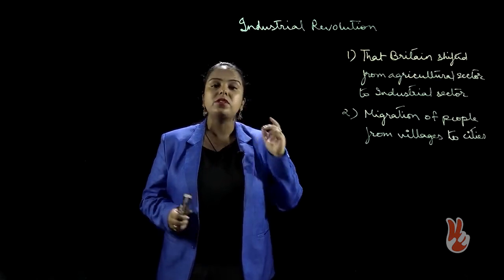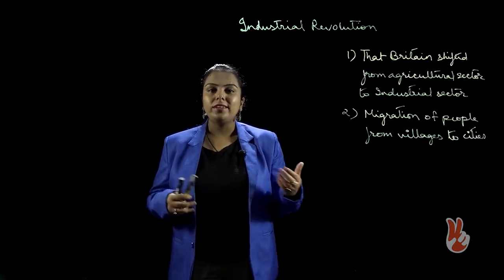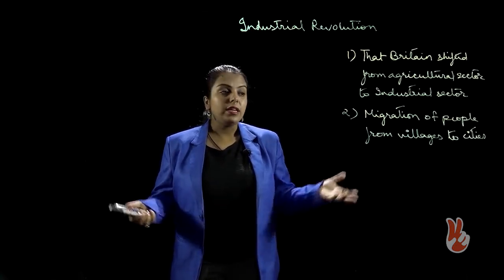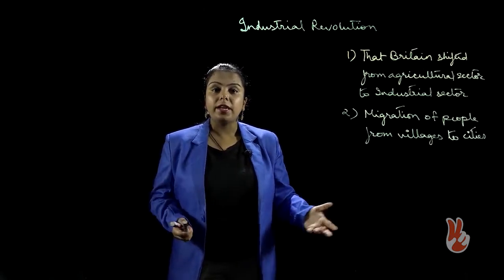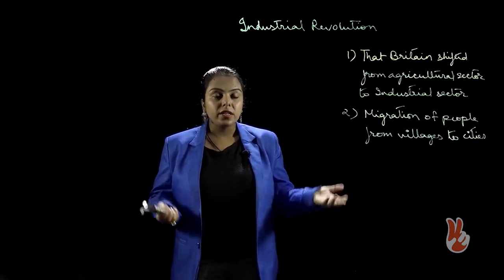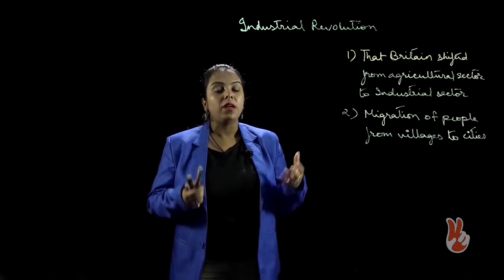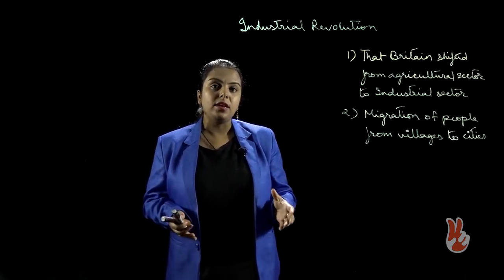For the first time, we saw a huge amount of internal migration within a country, where people from rural areas went to urban areas, because in urban areas there were opportunities of jobs, there were industries which were set up and they became laborers there. So, there was a population boom in the cities.